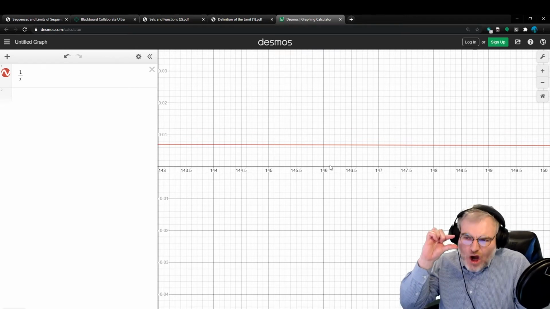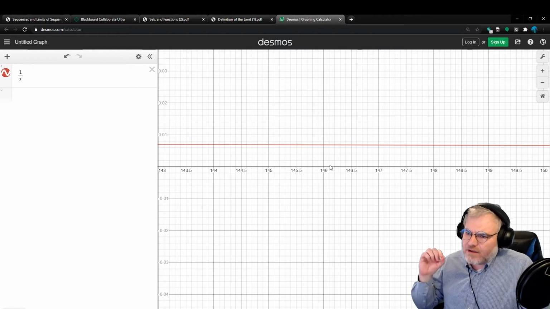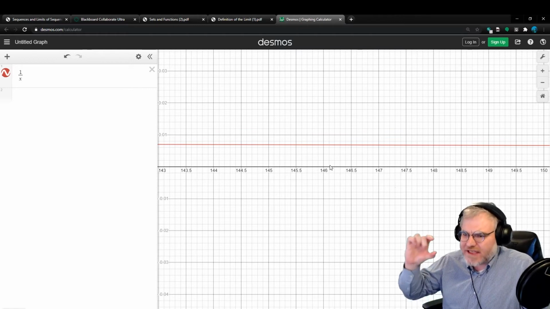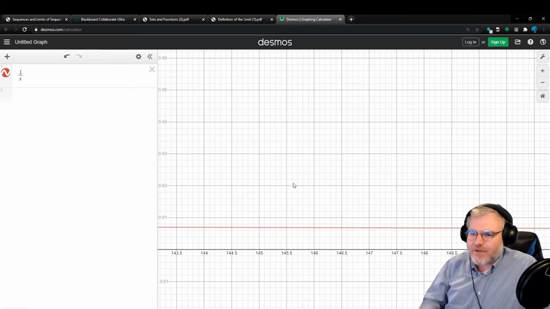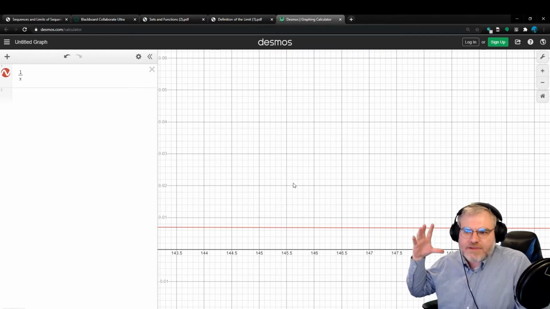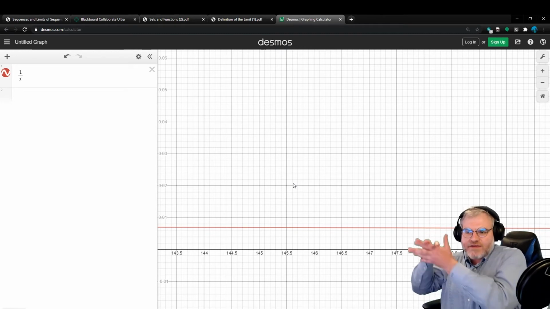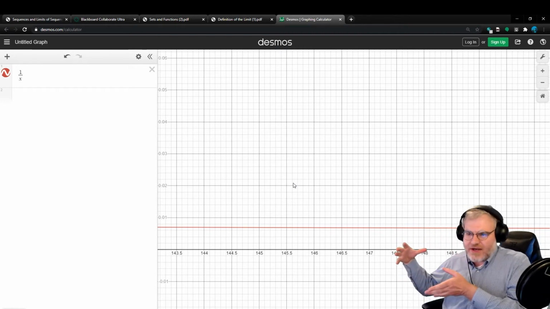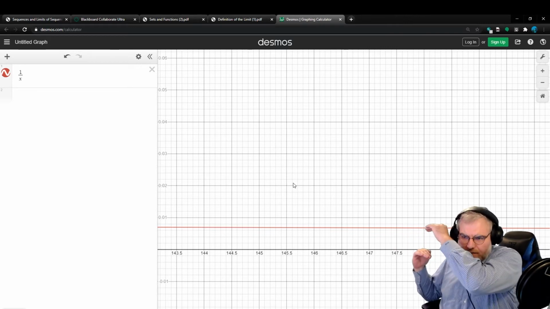So for any arbitrary distance away from 0, there comes a time, there comes an alpha, there comes a value, where I'm always that close to 0. I'm always closer to 0 than that arbitrary distance.